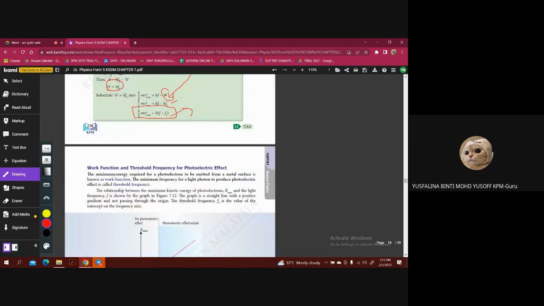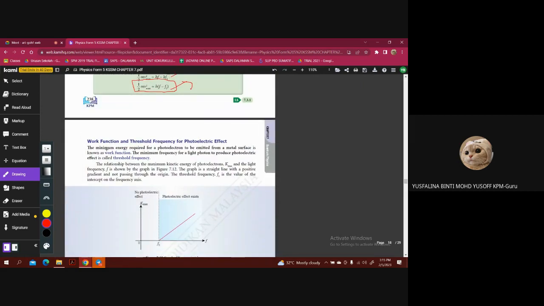Work function and threshold frequency for the photoelectric effect. The minimum energy required for a photoelectron to be emitted from the metal surface is known as the work function. Just now was the minimum frequency, right? The minimum frequency for the metal surface to make sure that the photoelectron comes out, we call the threshold frequency.